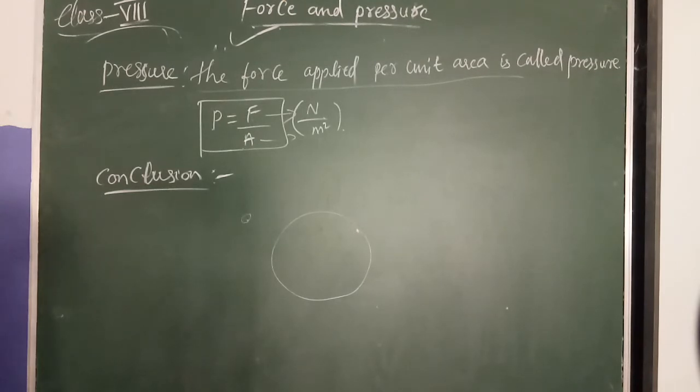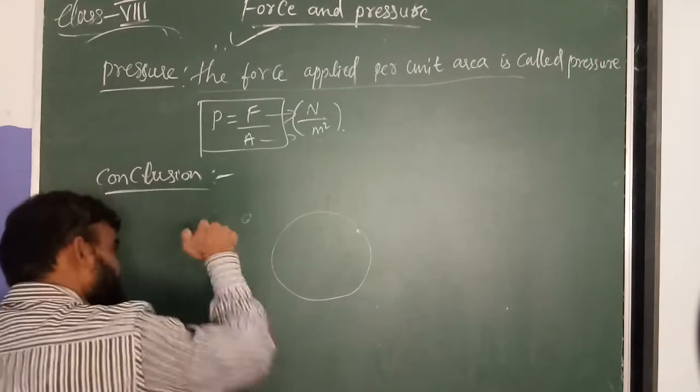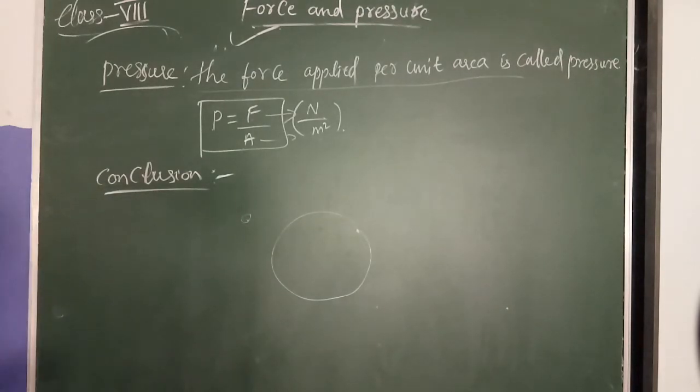Listen. The first one: the lesser the area of contact of a given body, the more is the pressure exerted by it. If we take a lesser contact area, the pressure applied is more.